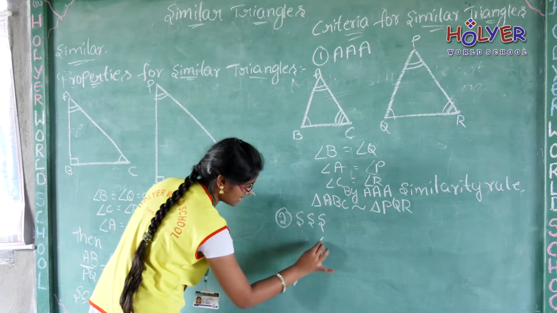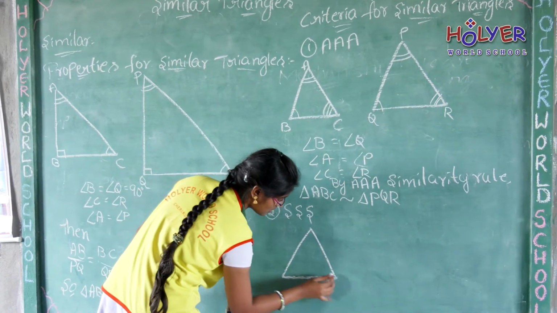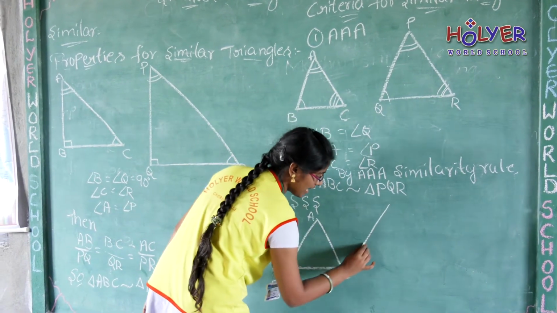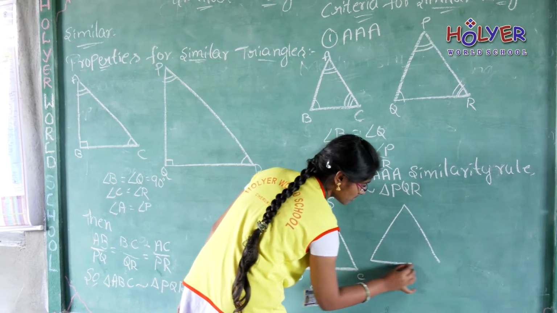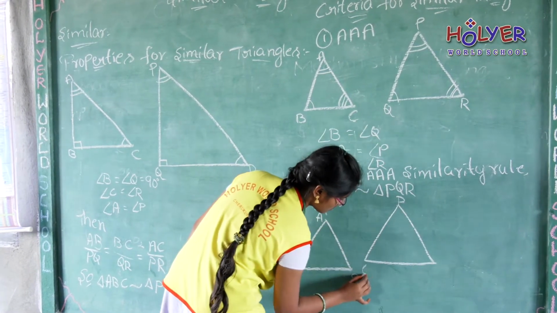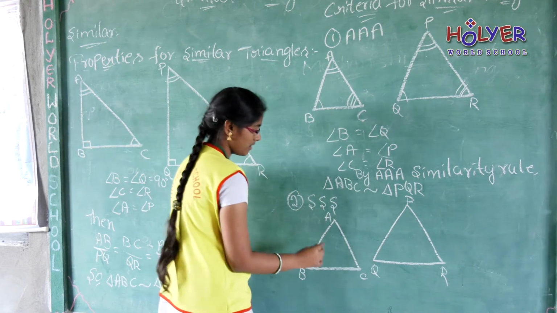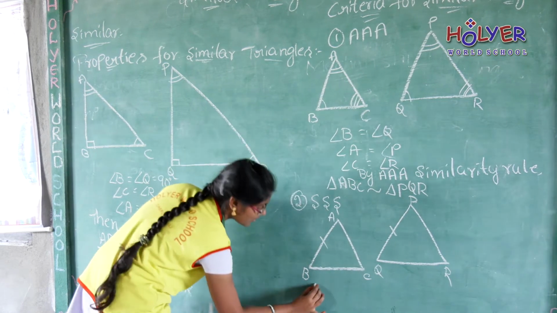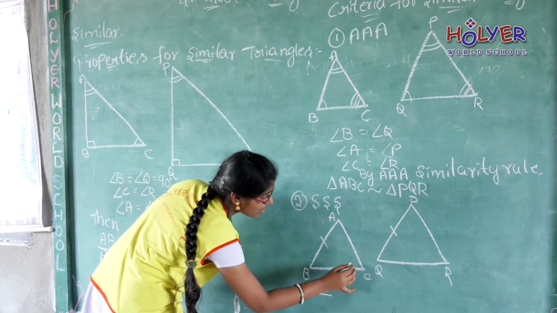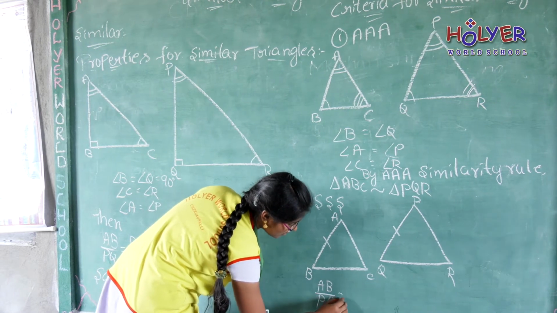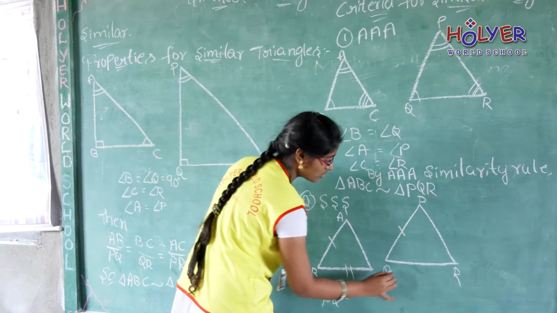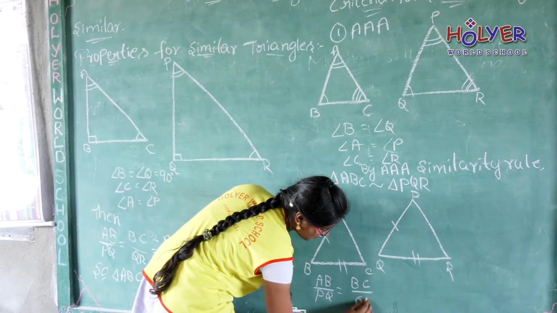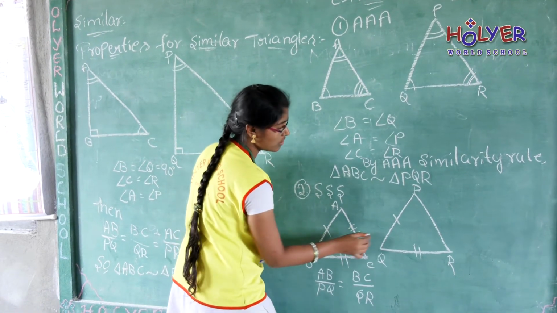Again, we consider triangle ABC and triangle PQR. Here, AB is proportional to PQ, AB by PQ is equal to BC by QR, and AC is proportional to PR.